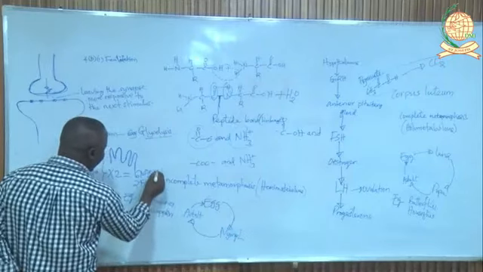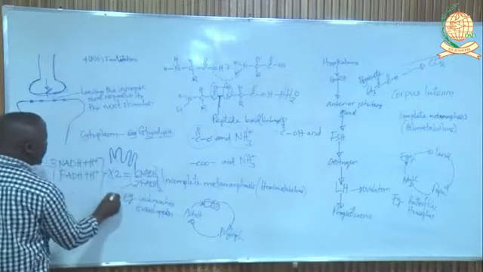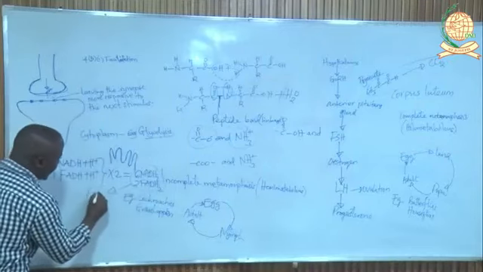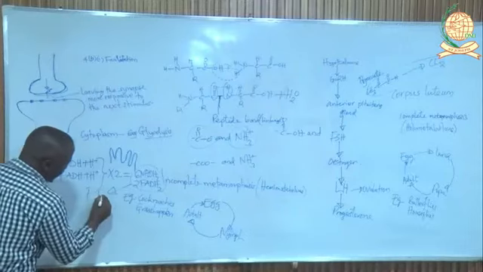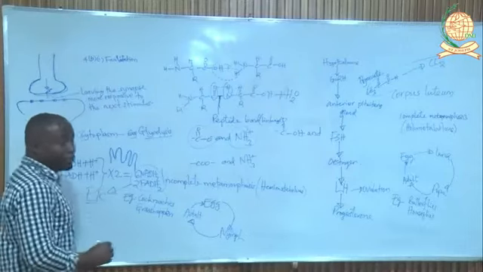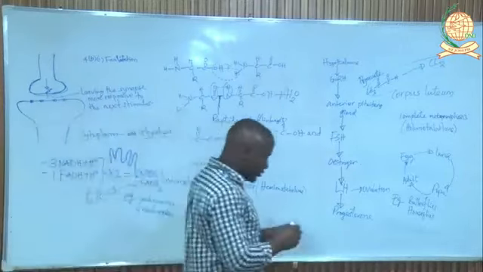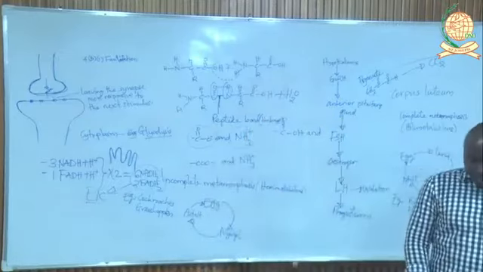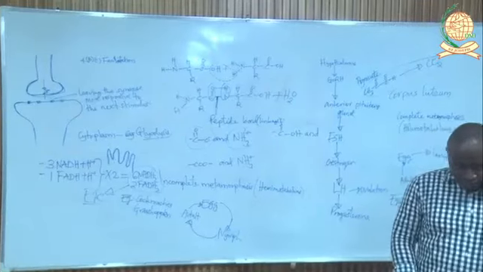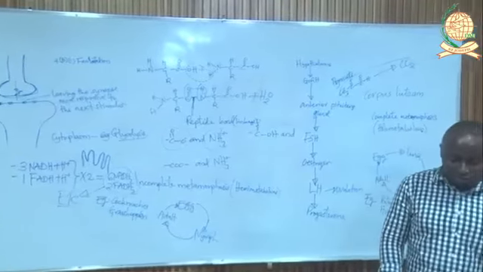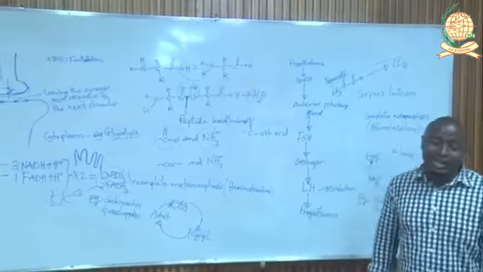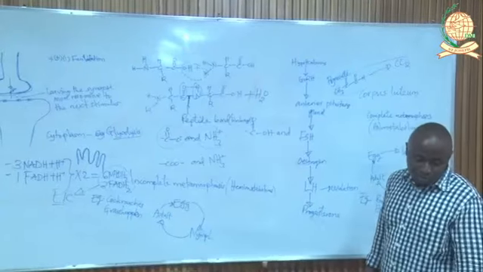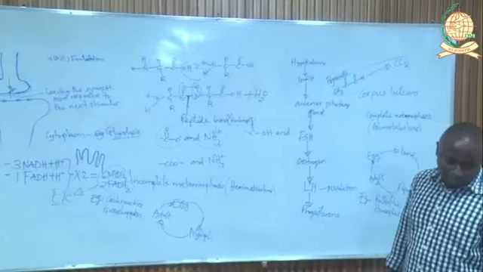So these are the raw materials for the electron transport system. These are the ones that enter into the ETC. So it produces the reducing power for the electron transport system, as it produces pairs of hydrogen atoms, which are ultimately the source of metabolic energy for the cell.